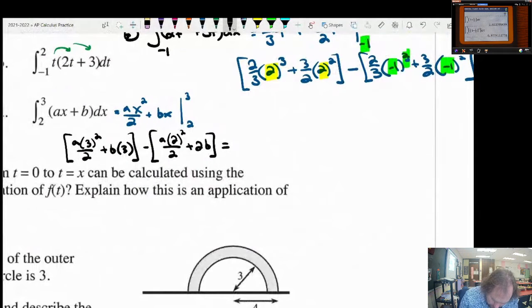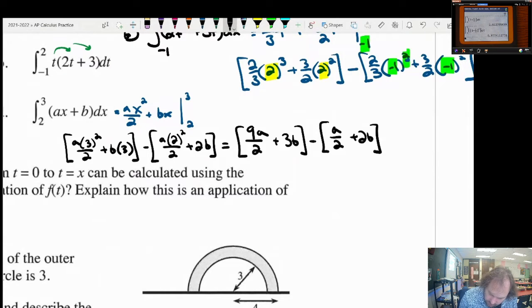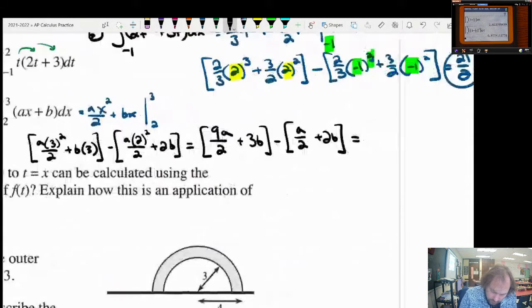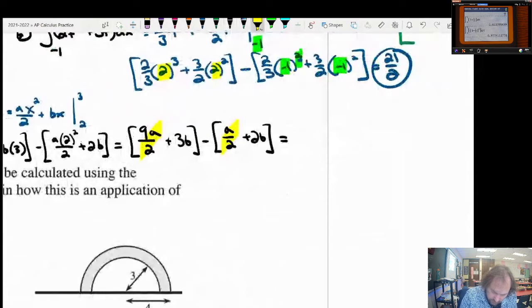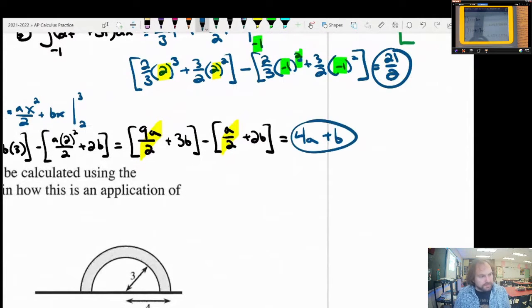So in the first set of parentheses, we're going to have 9 over 2 times a plus 3b. And in the second set of parentheses, those 2's are actually going to cancel out. We're just going to have a over 2 plus 2b. So when we do our subtraction, the 9a over 2 minus 1a over 2 is going to be just 8a over 2, or 4a. And then 3b minus 2b will be just 1b, so 4a plus b is the answer there. Pretty groovy.